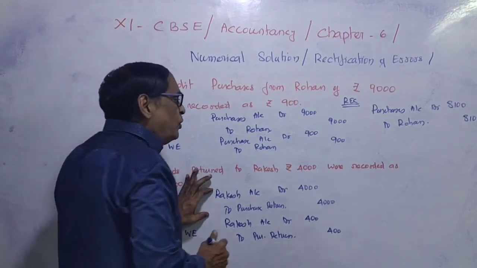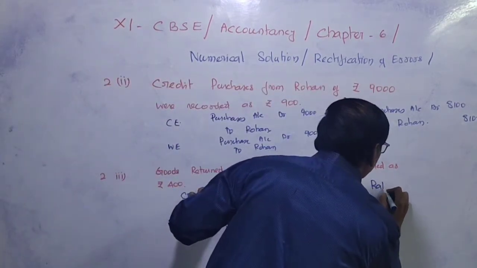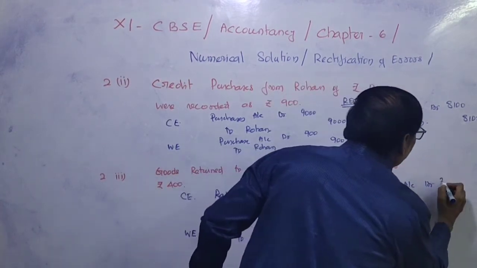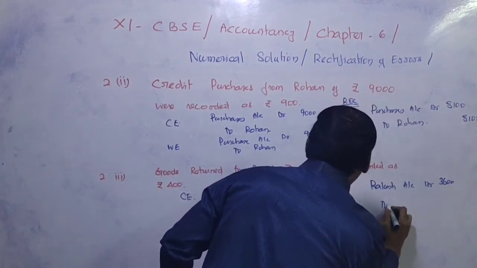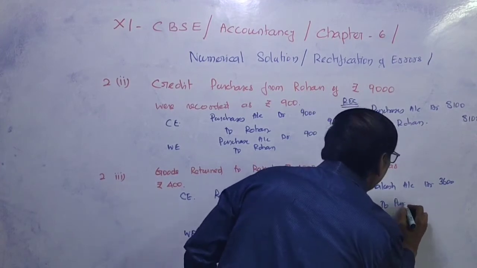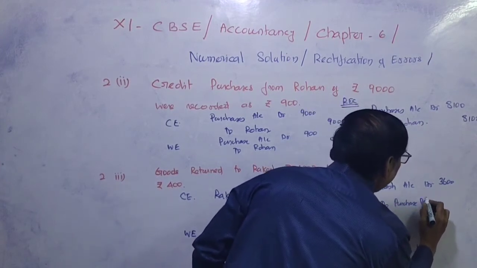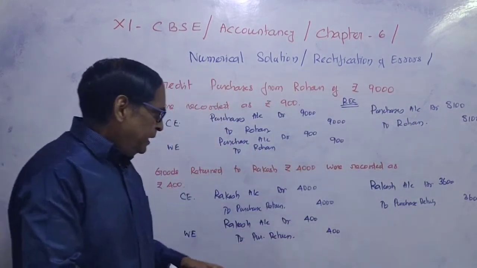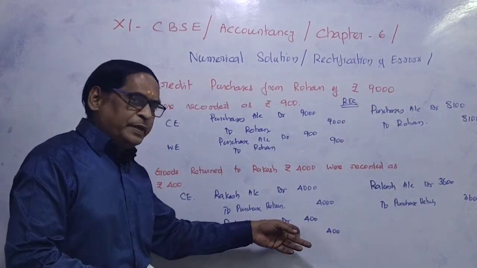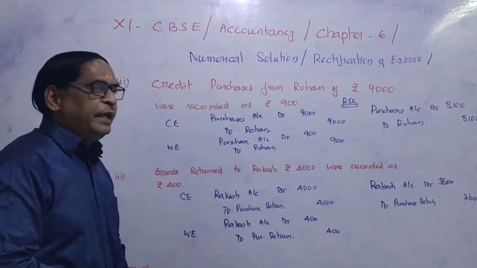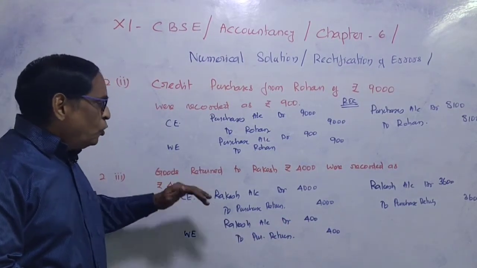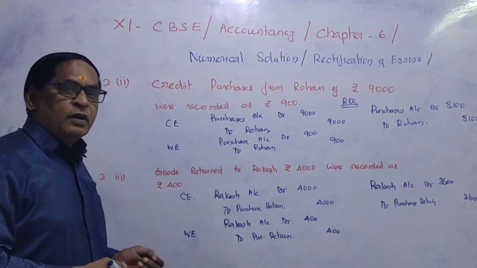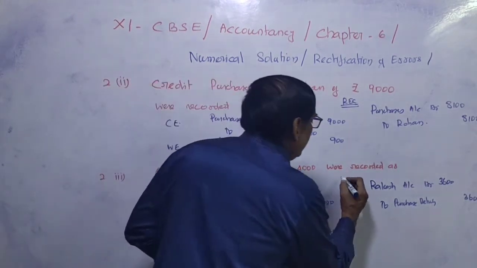Rakesh account debit for 3,600 to purchase return credit 3,600. Now it will become correct, because the mistake committed is now rectified. So the narration is: the goods returned to Rakesh rupees 4,000 recorded as 400 was now rectified. This is a rectification entry.